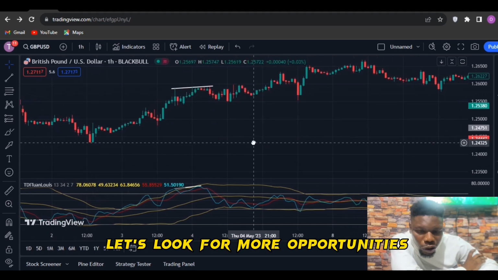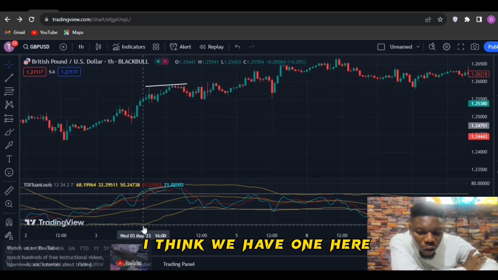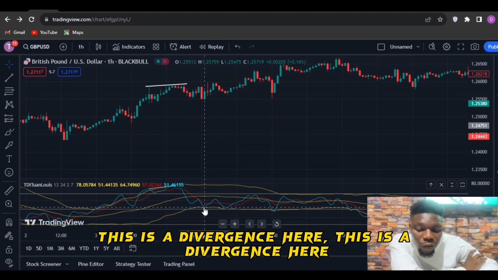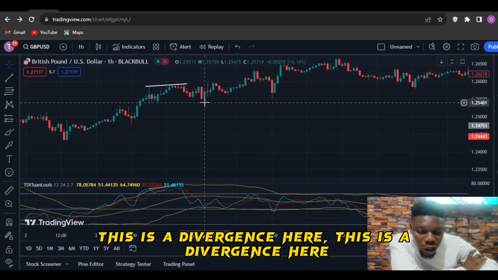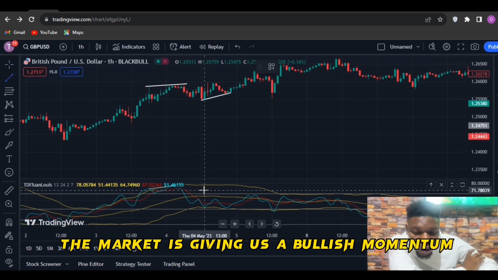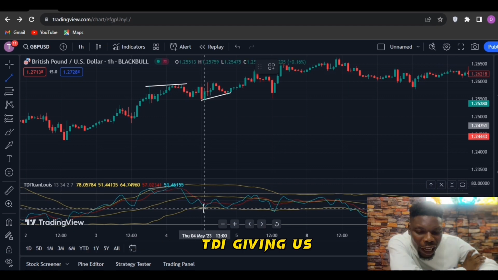I think we have one here. There's a divergence here. You can see the market is giving us a bullish momentum. What is the TDI giving us?